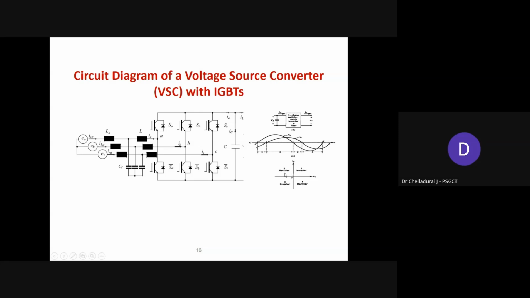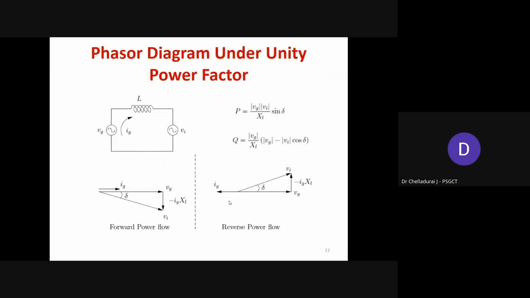That is, it will act as a rectifier and convert AC into DC. Similarly, in quadrant 3, both are negative, so it will act as an inverter. In the fourth quadrant, one is positive, another is negative, so it will act as a rectifier. So simply by controlling the inverter output voltage magnitude and the phase angle, we can easily exchange the power from one side to the other side.